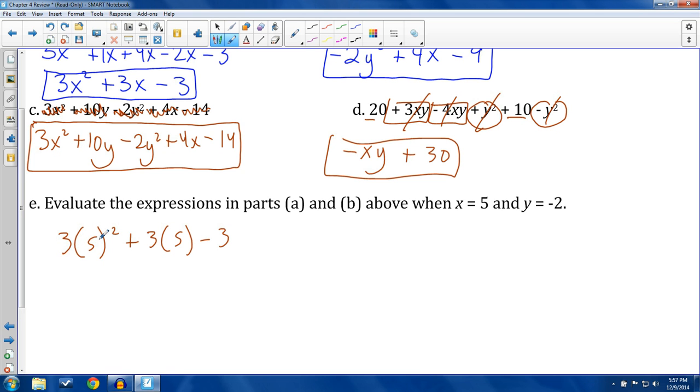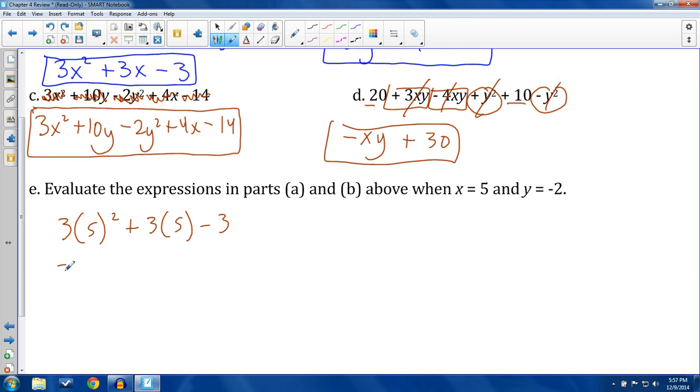Order of operations tells me that I square a number before I multiply by 3. So 5 squared is 25, so I get 3 times 25, plus this is 3 times 5, that's 15, minus 3. 3 times 25 is 75, plus 15, minus 3. And then I get 75 plus 15 is 90. 90 minus 3 is 87.